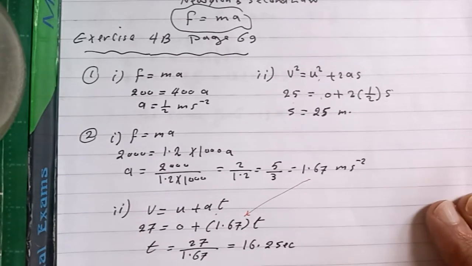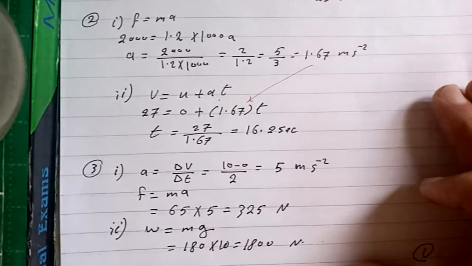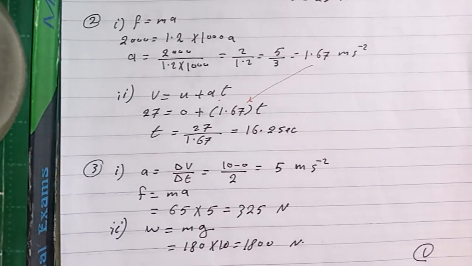Question number 3. A top spinner of mass 65 kilograms, starting from rest, reaches a speed of 10 meters per second in 2 seconds.